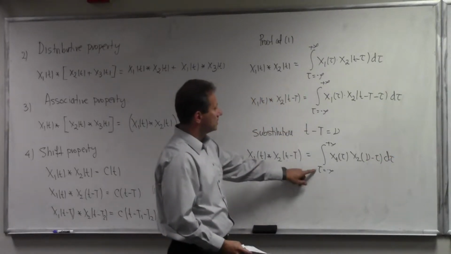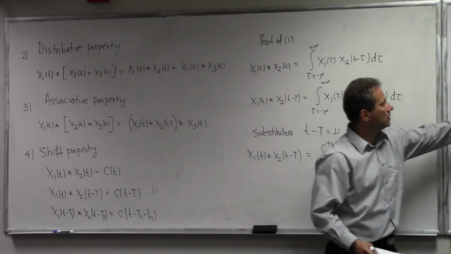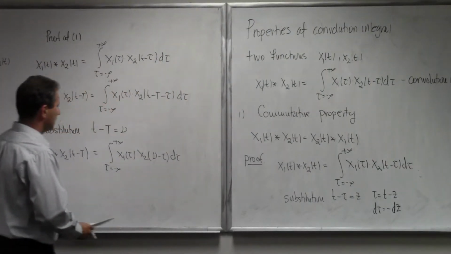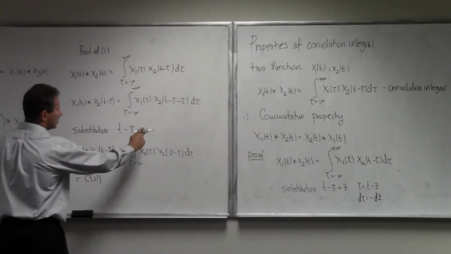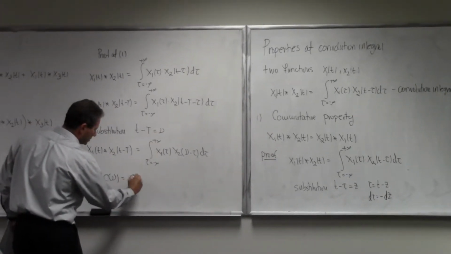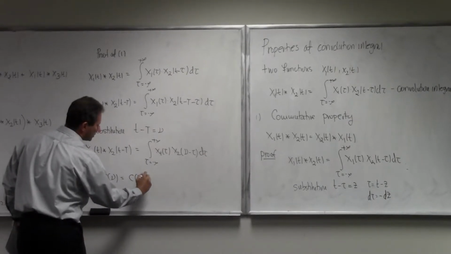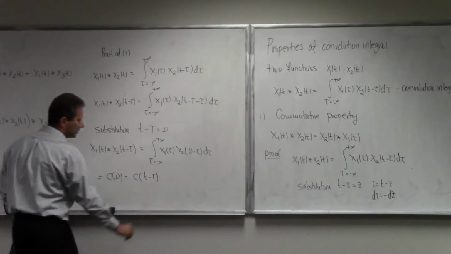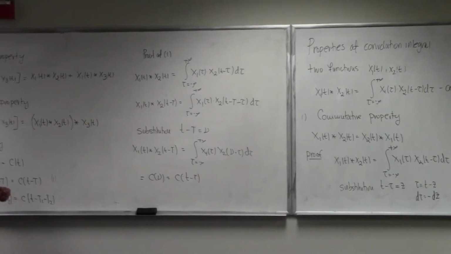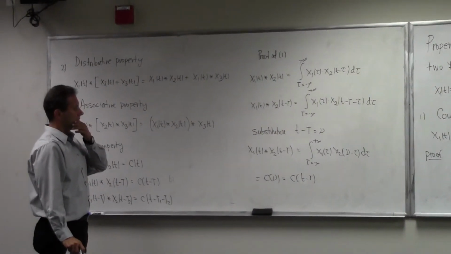And now if you compare this against this thing here, you can see that the result of that is C of nu. And then when I put back what the nu actually is, this is C of t minus capital T. Just a little formal approach to this definition.